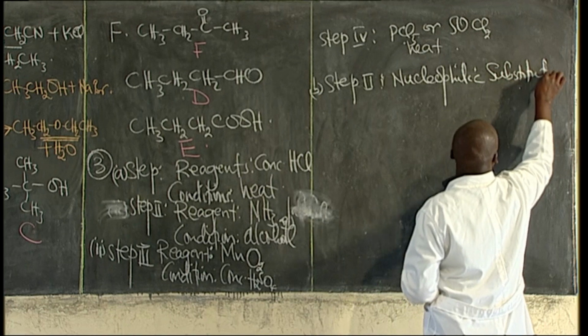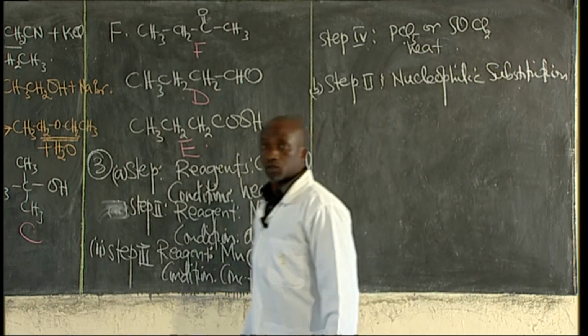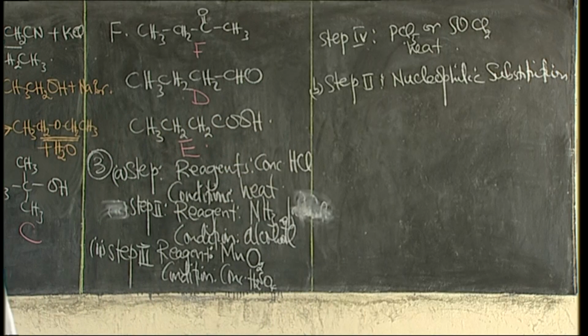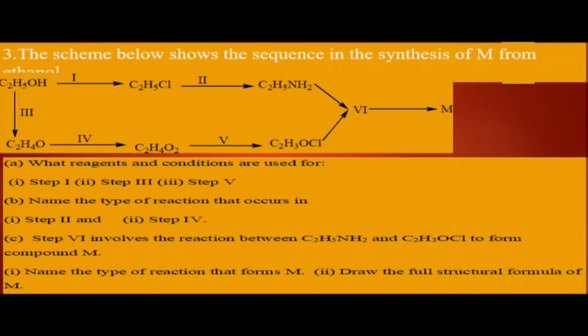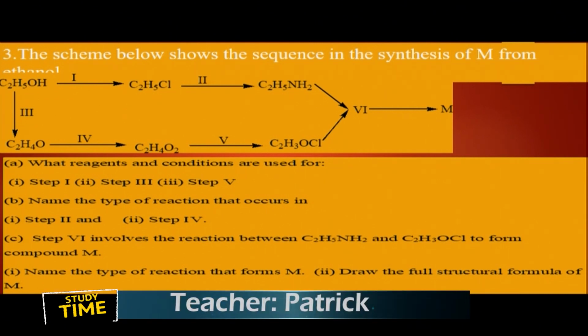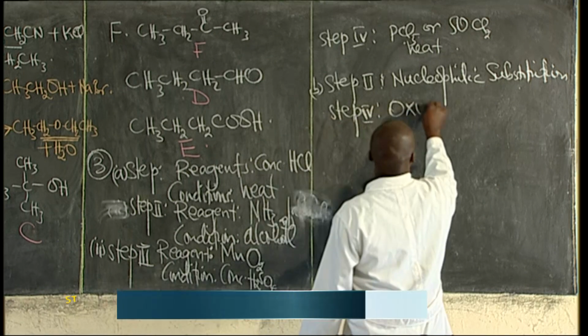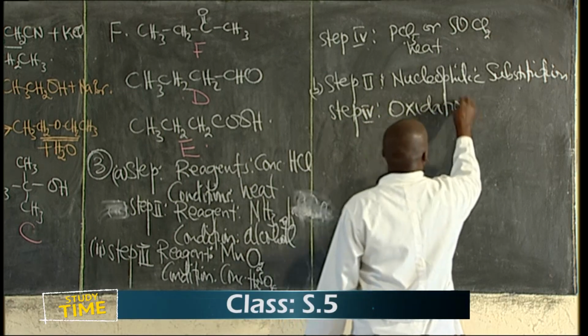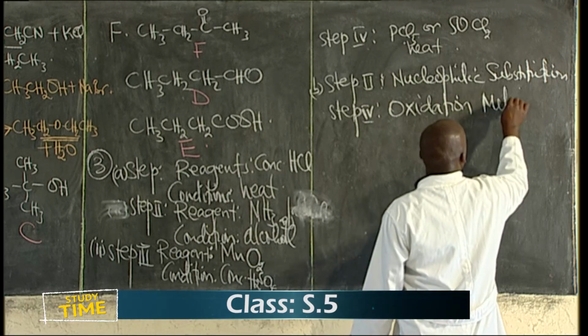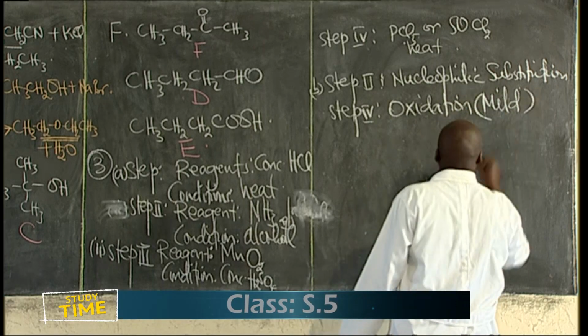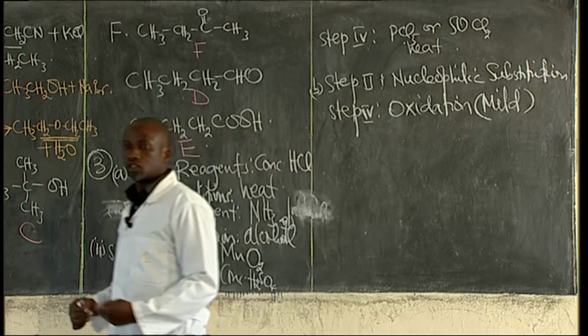Step number 4, what is this step here? That is oxidation. You have step number 4, that is an oxidation reaction. But this one has to be mild oxidation because it is not strong.